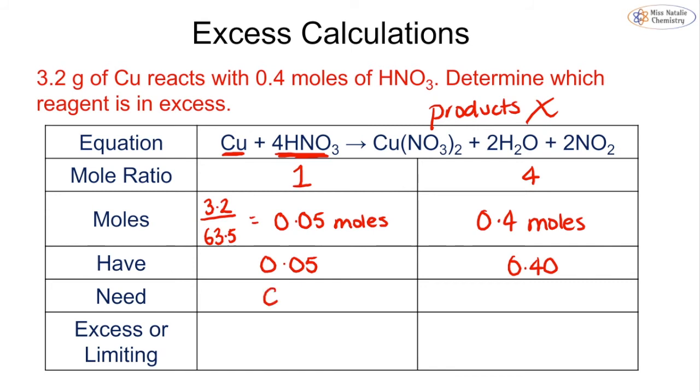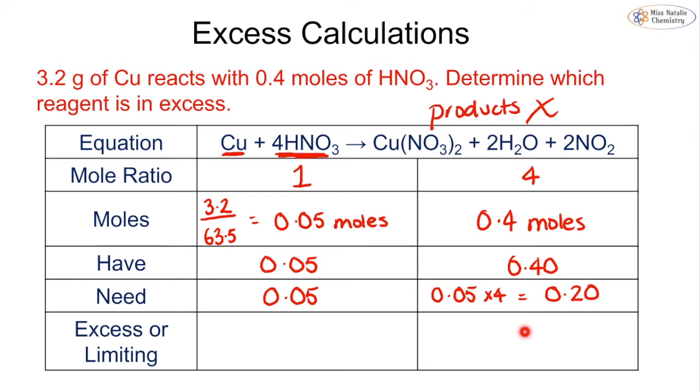For example, if I want to use all of my 0.05 moles of copper, because they are in a 1 to 4 ratio, I need 4 times that. So I need 0.05 times 4, which is 0.20.